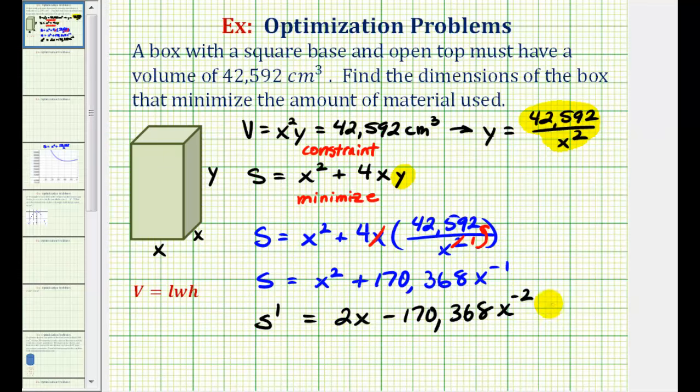We want to know when this is equal to 0 or undefined. Let's write this as 2x minus 170,368 divided by x squared equals 0. Notice how this would be undefined when x equals 0, but x can't equal 0, otherwise this length here would be 0. So let's solve this equation for x on the next slide.